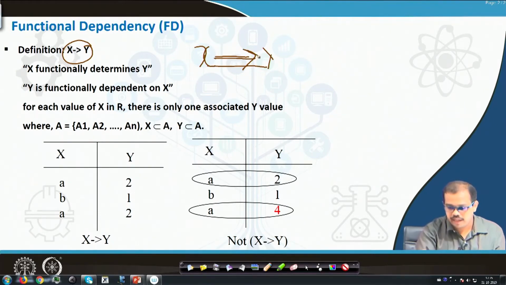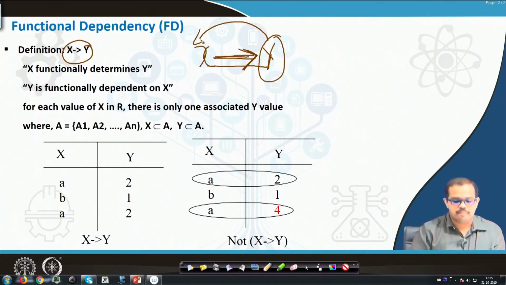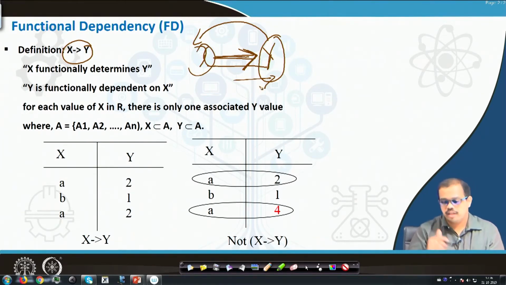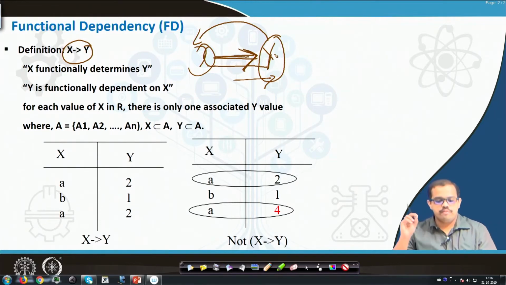The arrow shows that this variable is functionally dependent on that one, or x functionally determines y. Without x, y cannot be found out, that is exactly the meaning. The arrow shows which variable is functionally dependent on which. So, for each value of x in R, which means in that particular set, there is always one associated y value when it is functionally dependent.